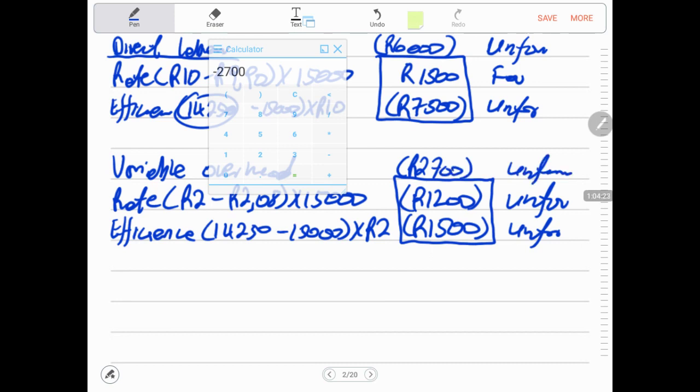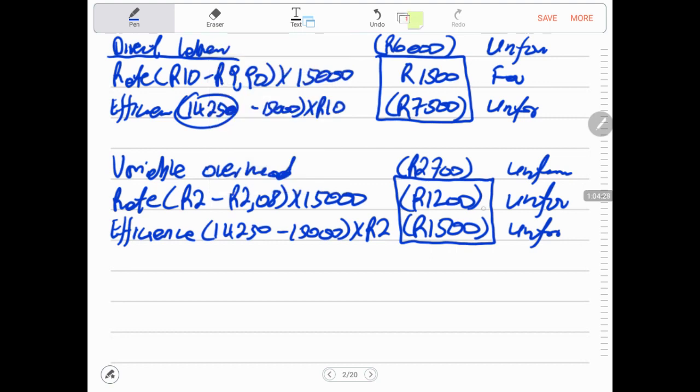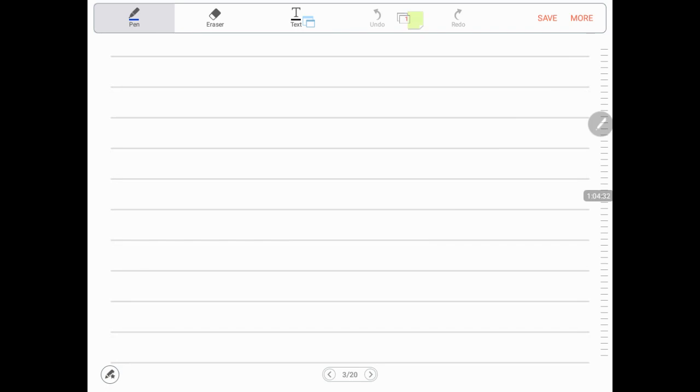Then I go now to the next and the last part of my variance, fixed overhead. My fixed overhead is the cost, in fact, which is budgeted fixed cost.